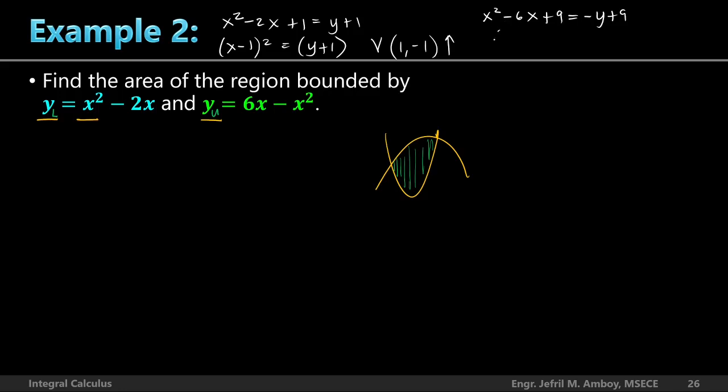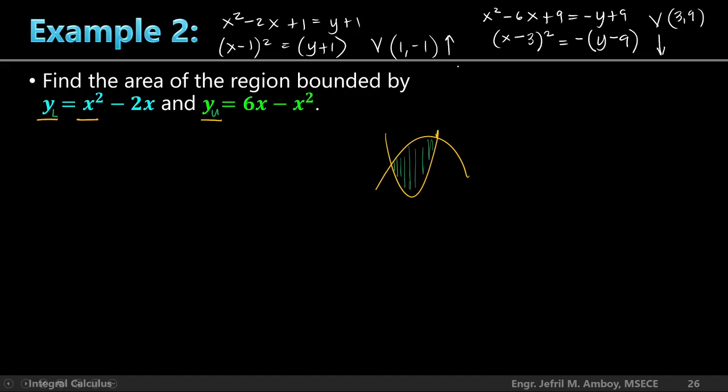I can express this as x minus 3 squared equals, dapat yung negative sign ilalabas ko, negative of y minus 9. So, kita na natin yung vertex. Ito yung h at ito yung k. So, the vertex is at 3, 9 and this parabola is opening downward kasi negative ito. Okay? So, ganyan yung mafo-form mo na graph.